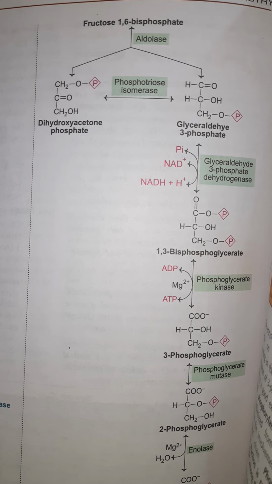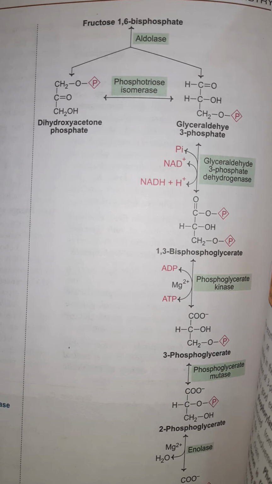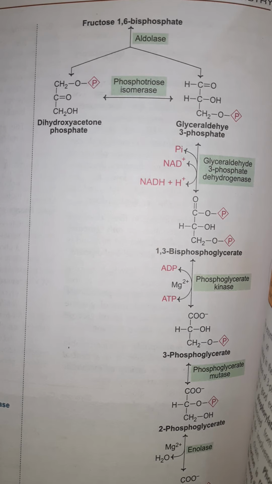1 NADH is equal to 3 ATP, or 2.5 ATP. So this process is carried out in the presence of NAD and glutathione.